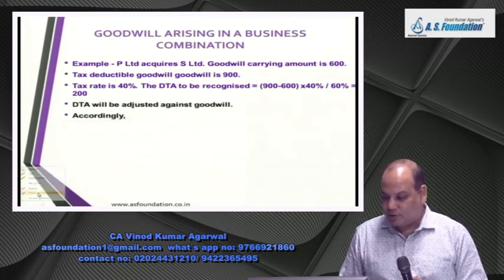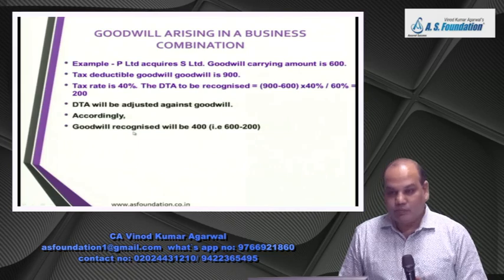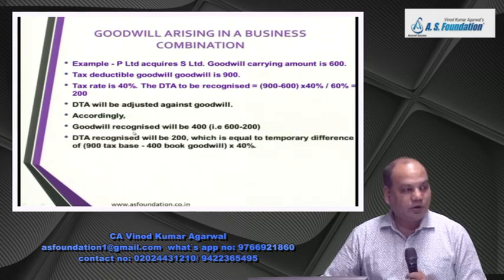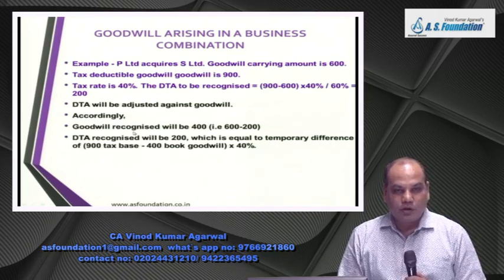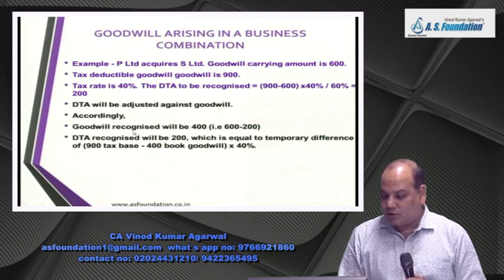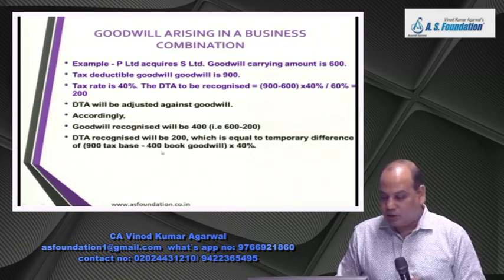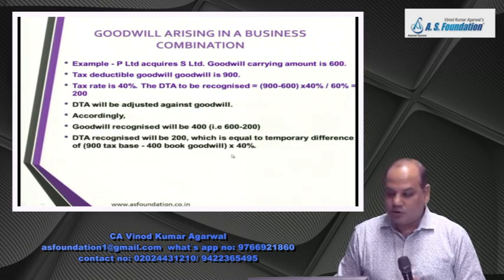Write down, DTA will be adjusted against goodwill. Accordingly, goodwill recognized will be 400. DTA recognized will be 200, which is equal to temporary difference of 900 minus 400 into 40%. This is just an explanation of this 200.